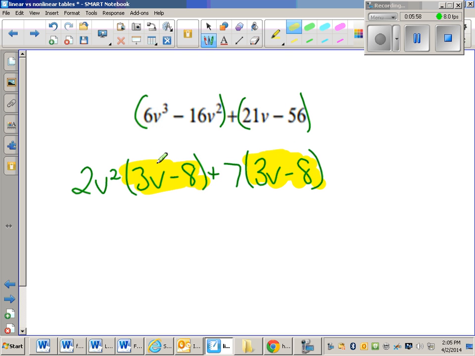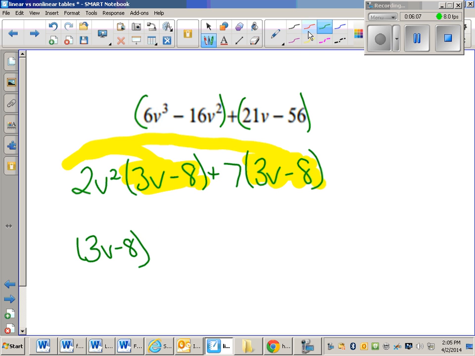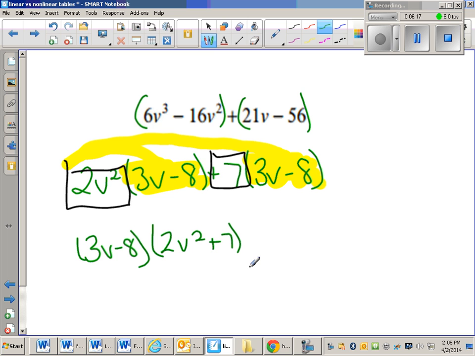So then you can pull these out. So when you pull out 3v minus 8, you are left with the 2v squared plus 7. So you would have times 2v squared plus 7. Again, you could use the area model to check your work.